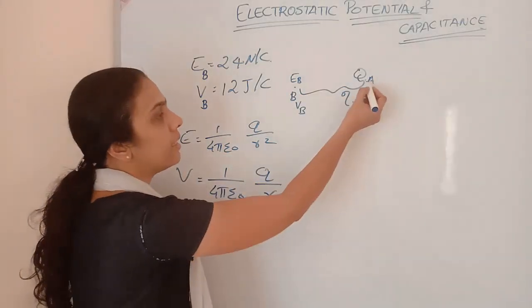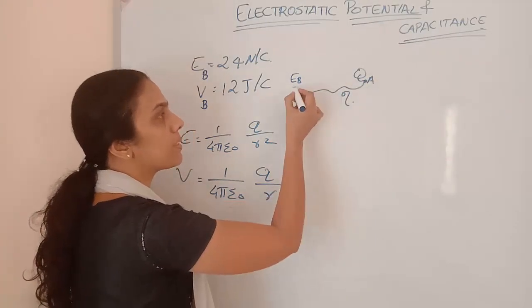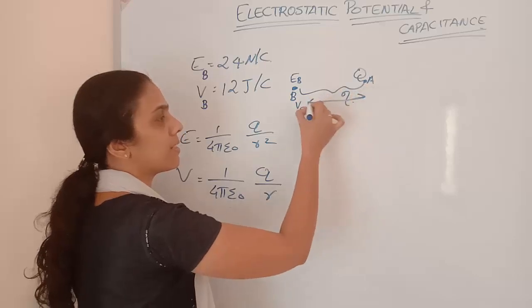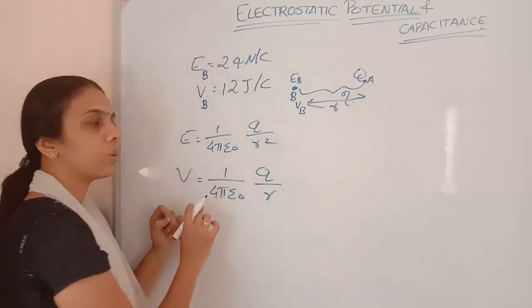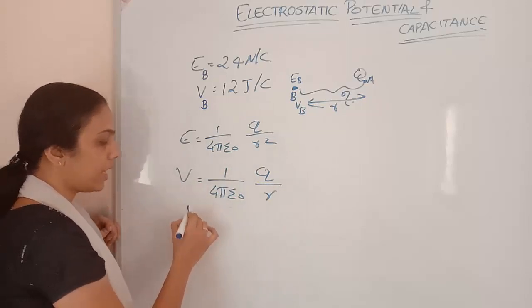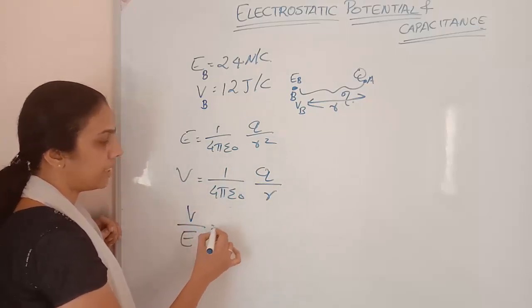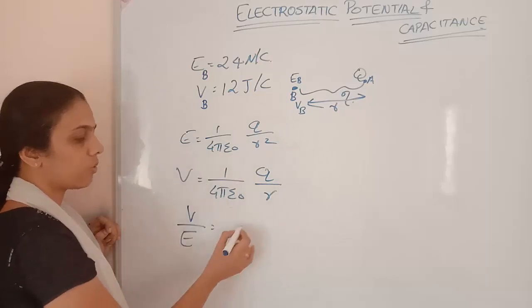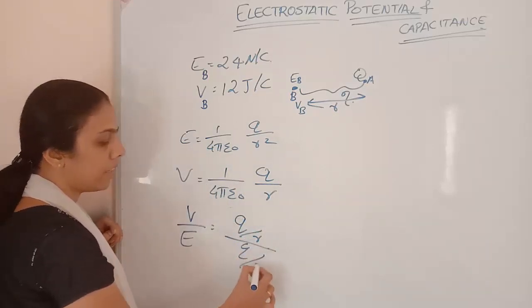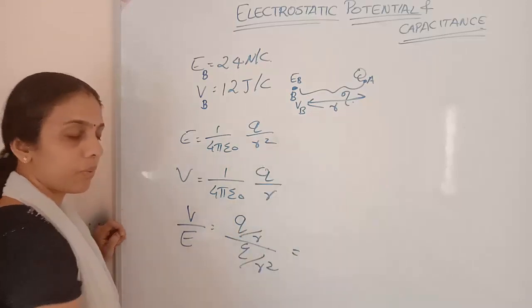See here, due to this Q, what is the electric field at the point B? So R will be this distance. So here we need to find out this R value. How can we find it out? We can divide V and E. V by E equals 1 by 4 pi epsilon 0 Q by R divided by 1 by 4 pi epsilon 0 Q by R square. The 1 by 4 pi epsilon 0 will get cancelled, Q also will get cancelled.